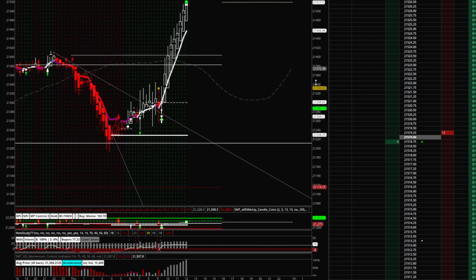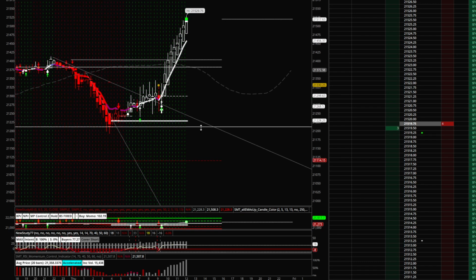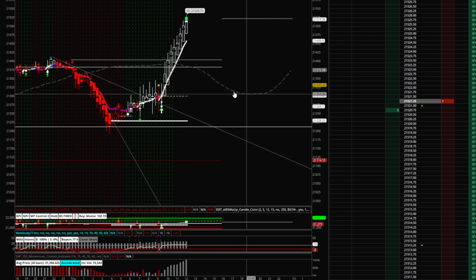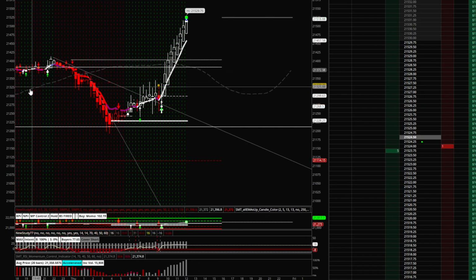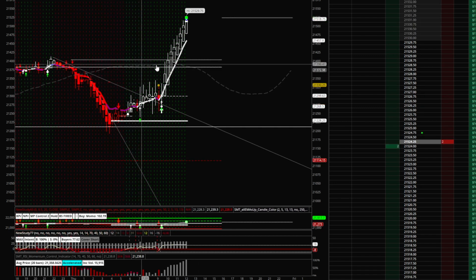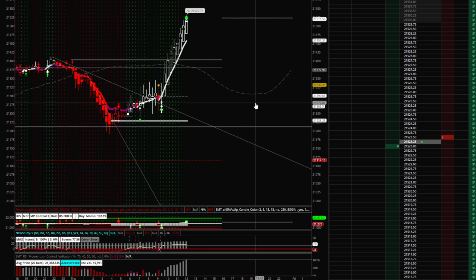Okay, and again, I want to share one other thing. This right here, this dashed line right here, this is a hidden level in the market. There are hidden levels in the market that have never been documented in a course or a textbook.